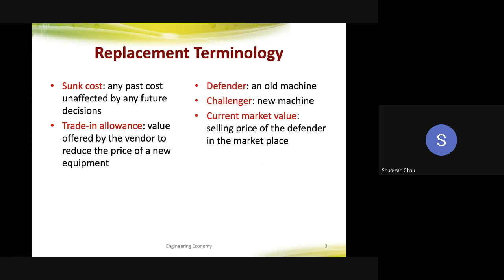That will be a wrong notion, a wrong idea, because whatever you paid is paid already. That's the sunk cost. That shouldn't influence your decision. Your decision will be based on now and the future. That's very important. Once you have a wrong perception of the sunk cost, it will impact your decision, and you will have a wrong decision.